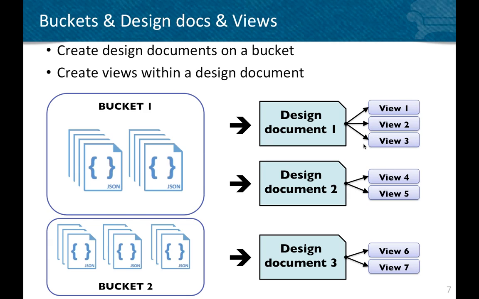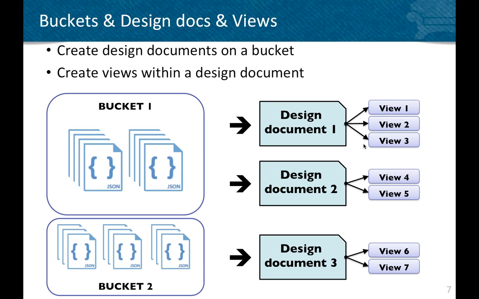That's what a design document is, essentially. And from a runtime standpoint, what's important for you, the developer, to know is that all the views within a given design document are processed together. That allows us to get some optimizations as far as handing off things to the various processing steps.